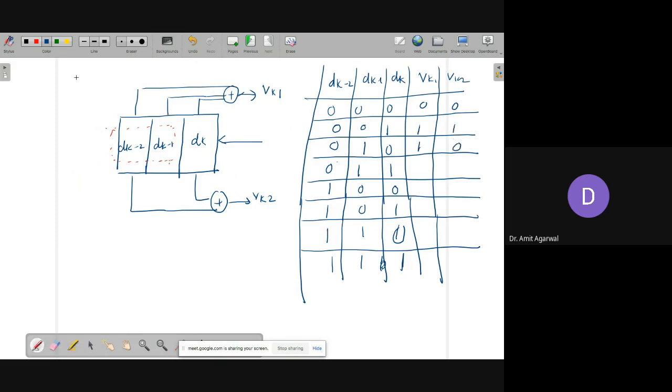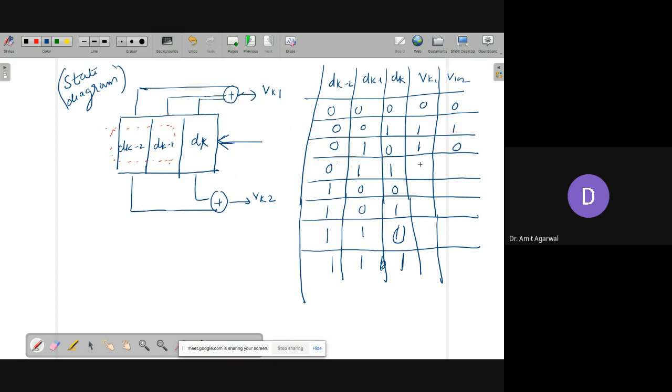So we are making a state diagram, showing how the state transition occurs when dk changes, and how our convolutional encoder moves from one state to another as the input bits come in. This is the whole purpose of representing it with a state diagram.